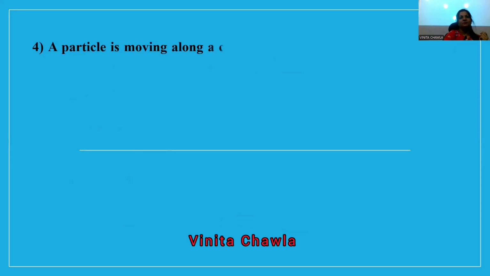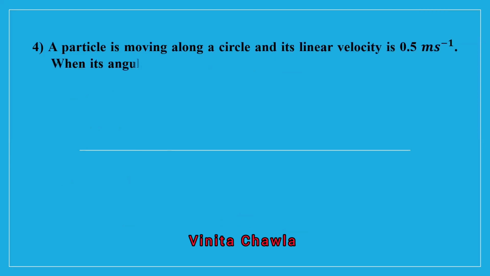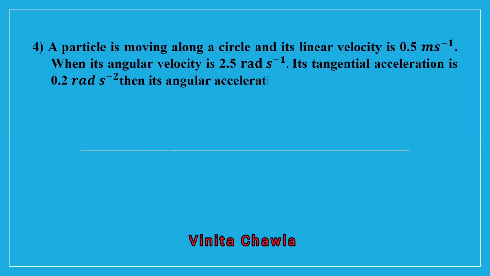Next question. A particle is moving along a circle and its linear velocity is 0.5 meter per second. When its angular velocity is 2.5 radian per second, its tangential acceleration is given, it's 0.2 radian per second square.